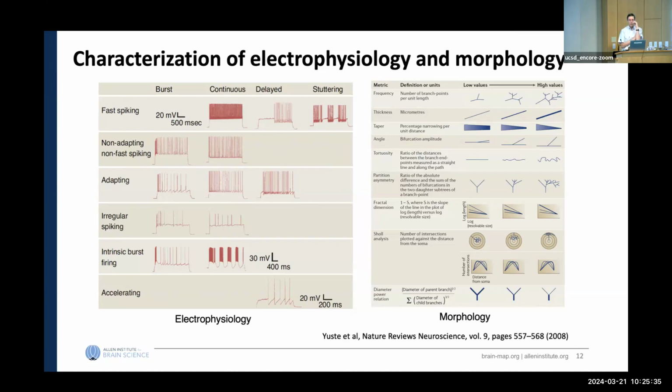Classical computational neuroscience has overwhelmingly been devoted to neuronal modeling, right? You build models, either abstract models or more biophysically realistic models of neurons.